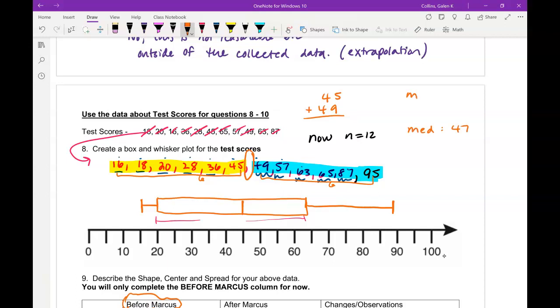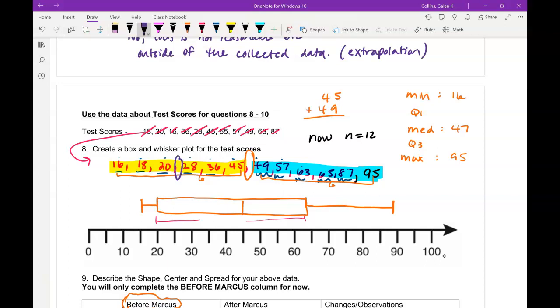Our minimum score didn't change. It's still 16. Our maximum score did change. It's now 95. And we've got to recalculate Q1 and Q3 again. So now when I'm finding Q1, remember the left-hand side of my data, I have an even number of data.